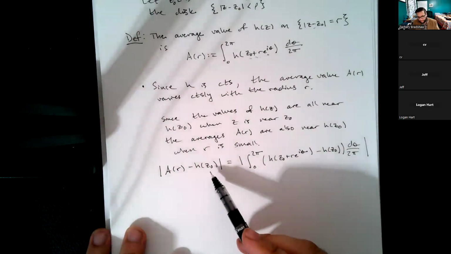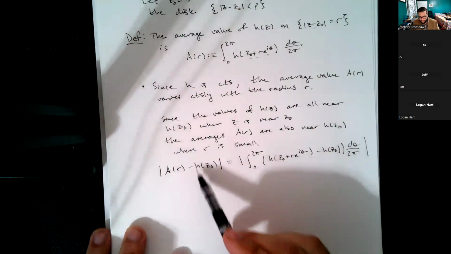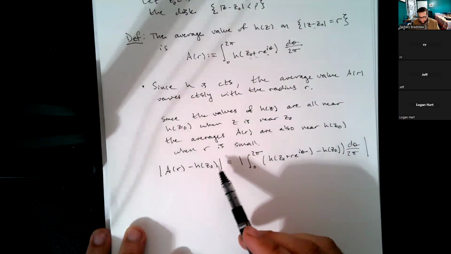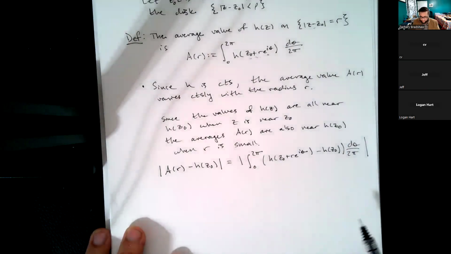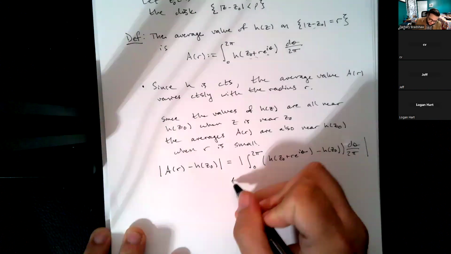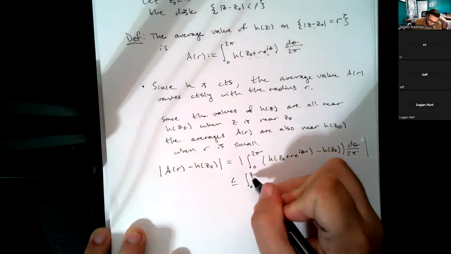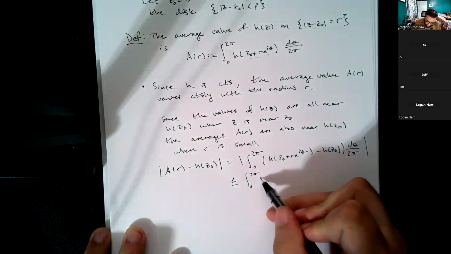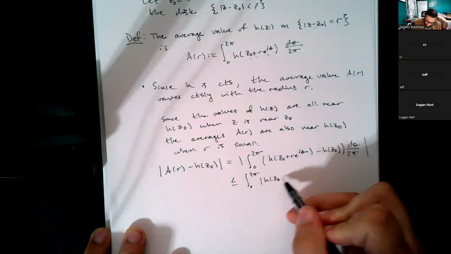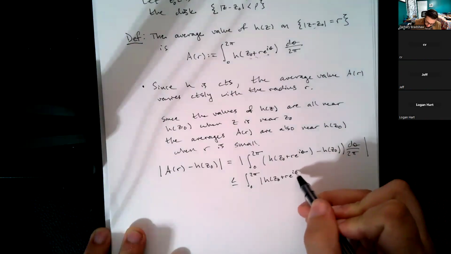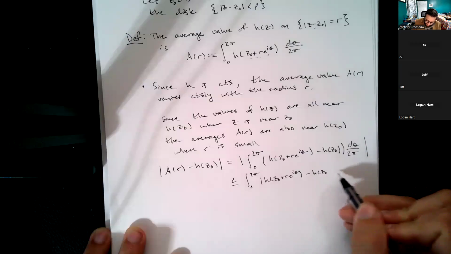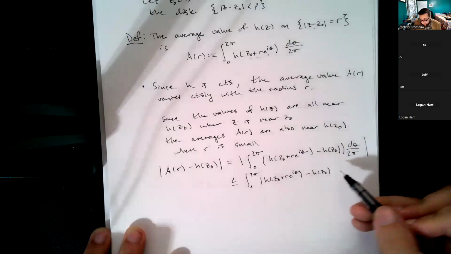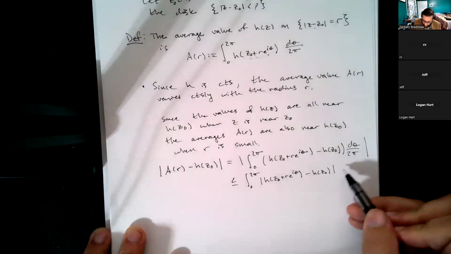So this guy is a constant, so I can write it as the integral from 0 to 2 pi d theta over 2 pi, right, of this guy. And that's how I move it in here. But this is less than or equal to the integral from 0 to 2 pi of the magnitude of the integrand. Right? We think of the integral as a sum. In fact, it's defined as the limit of a sum.